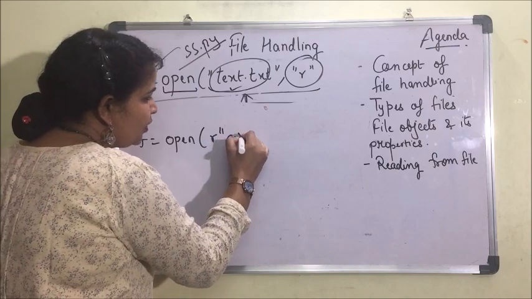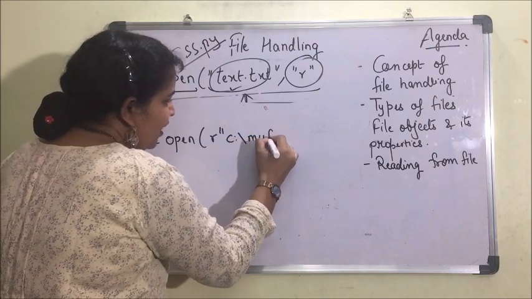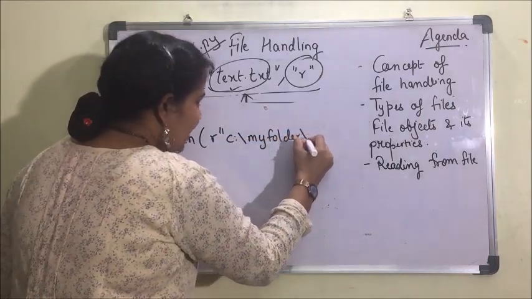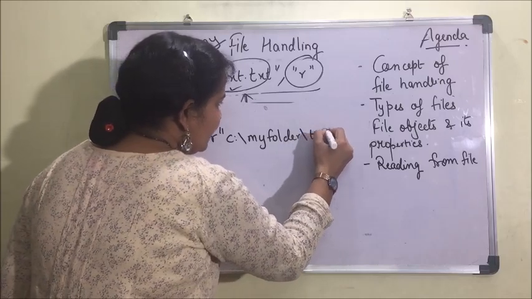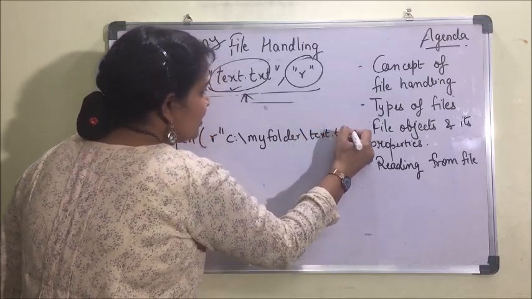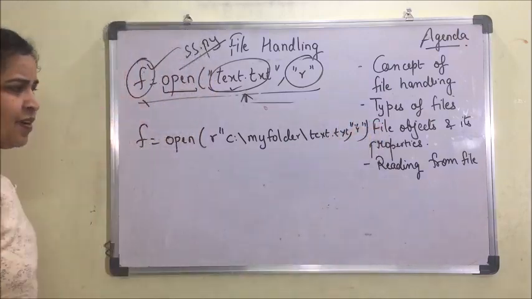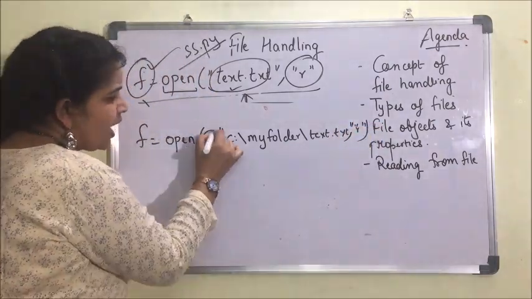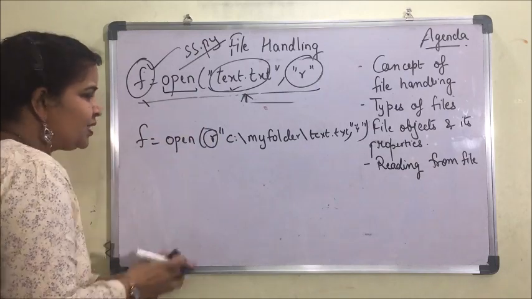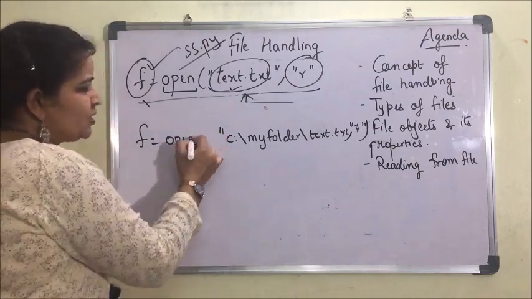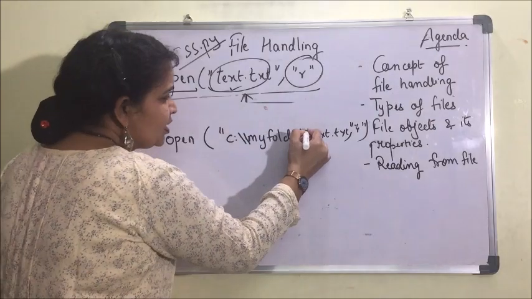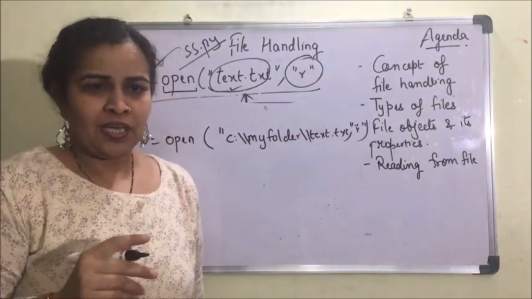After that, C:\my folder\text.txt, and r is the mode. In this way also you can open the file when this r is mentioned, and when this r is not mentioned, it means it's not raw data. In that case, you have to use a double backslash.